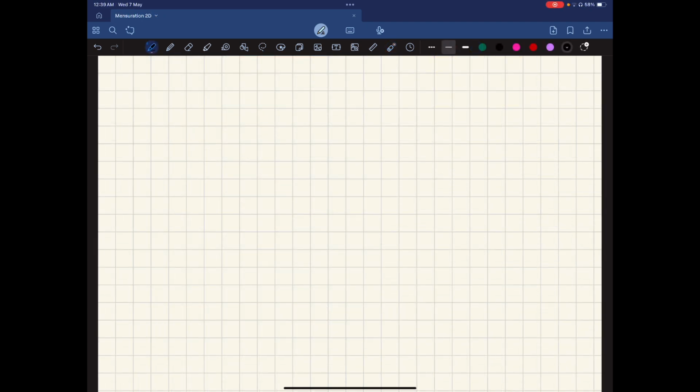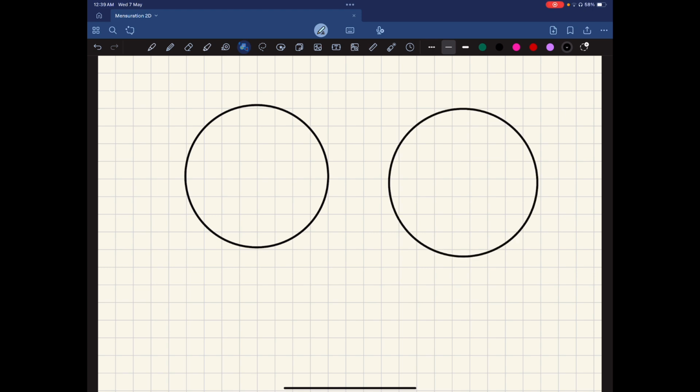Now we are going to explore circles in detail. Okay, now there are 2 ways to divide a circle. The first one is where you divide it using a chord. What is a chord?